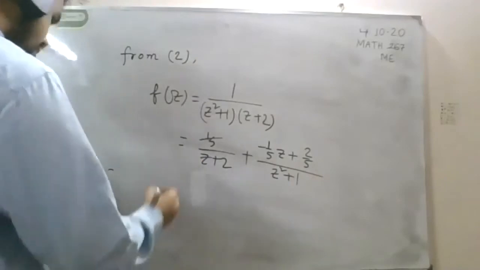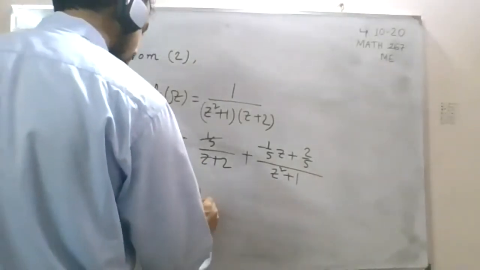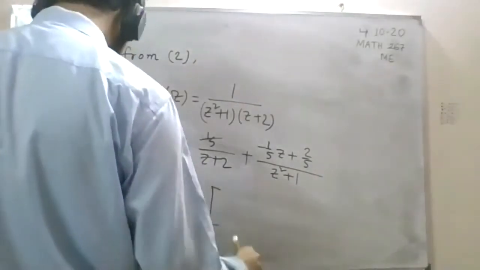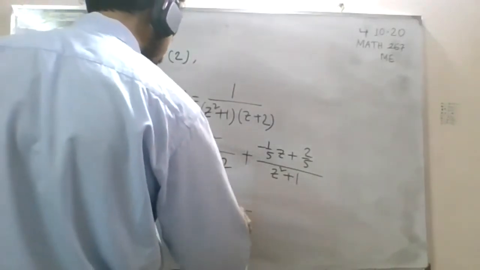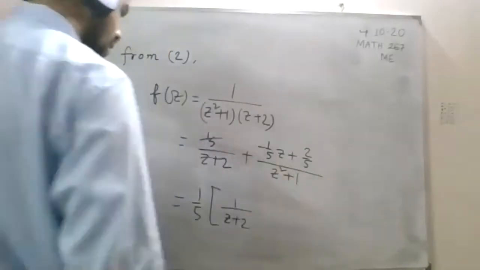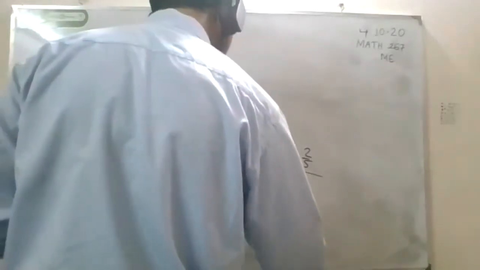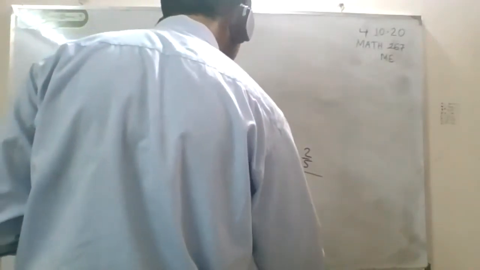Okay, now just simplify this equation. It's 1 by 5, you can say this is 1 by z plus 2, and after that you can also say this is minus z minus 2 divided by z square plus 1.